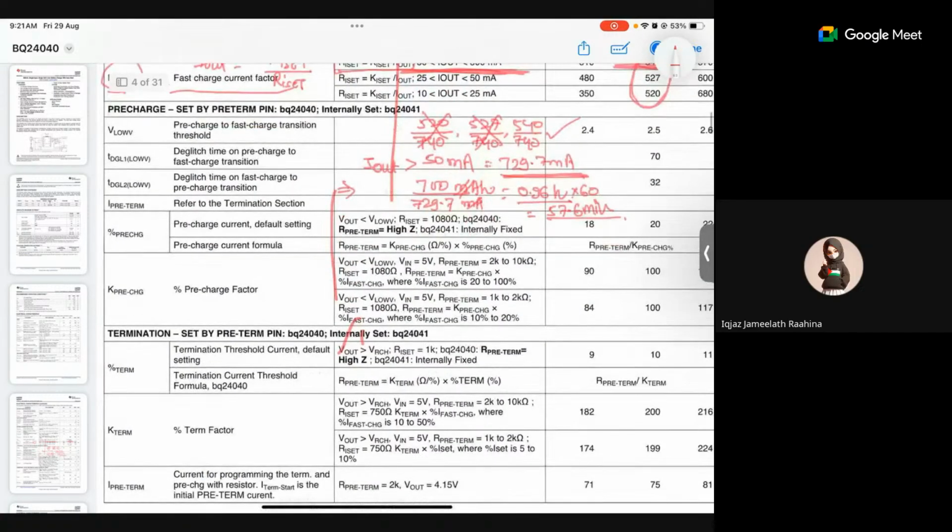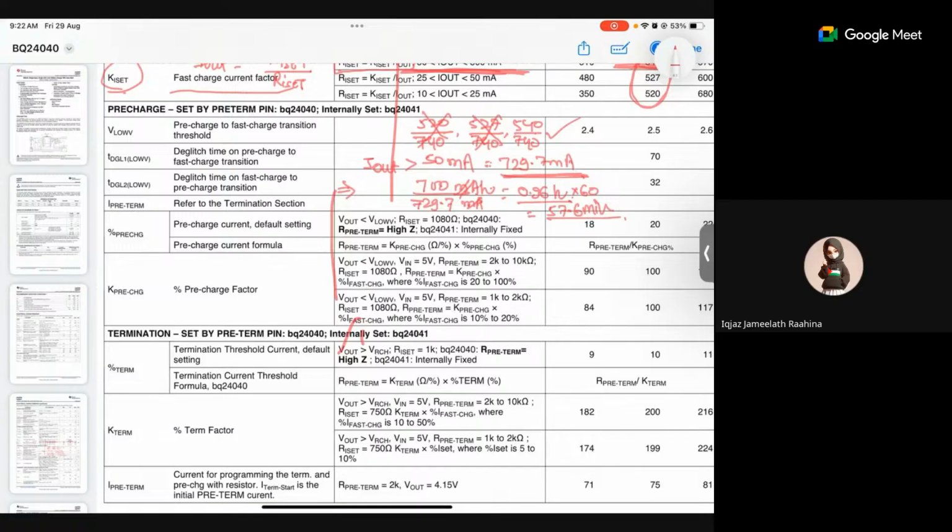Now it is asking for the current come down from the charger to signal that charging is complete, in milliampere. We already calculated the fast charging current. Now we have to calculate the current come down factor.